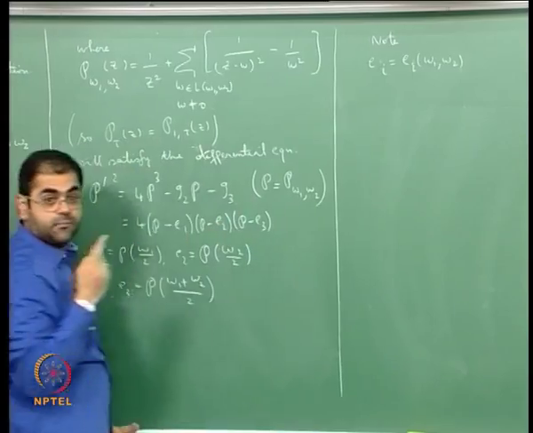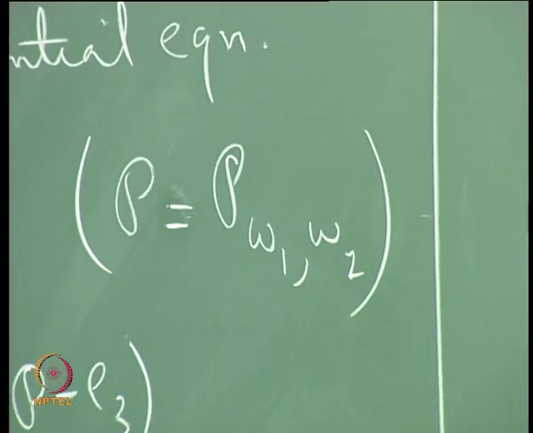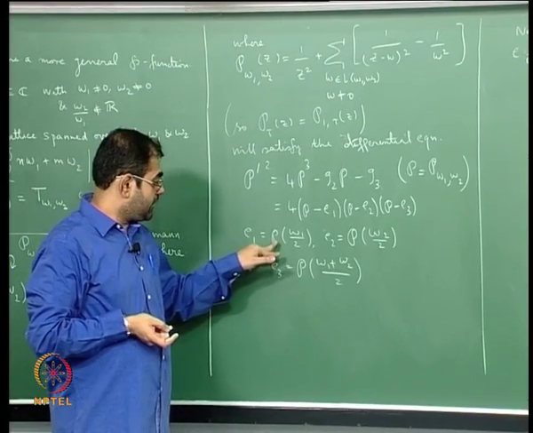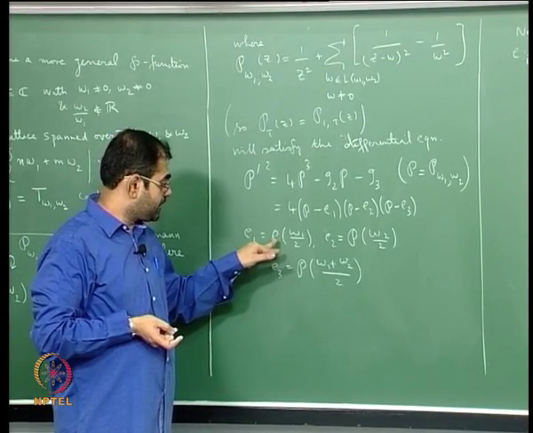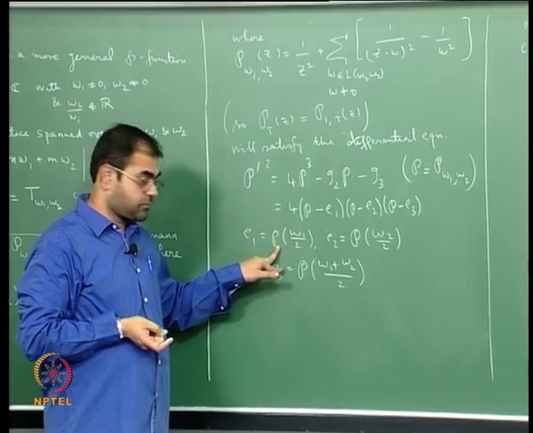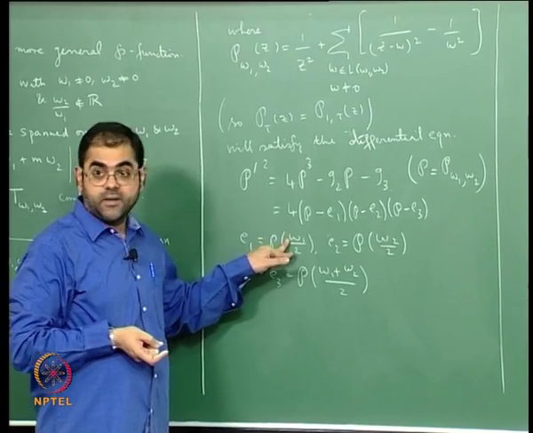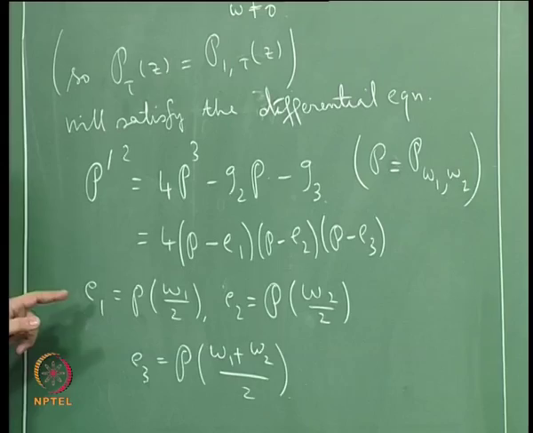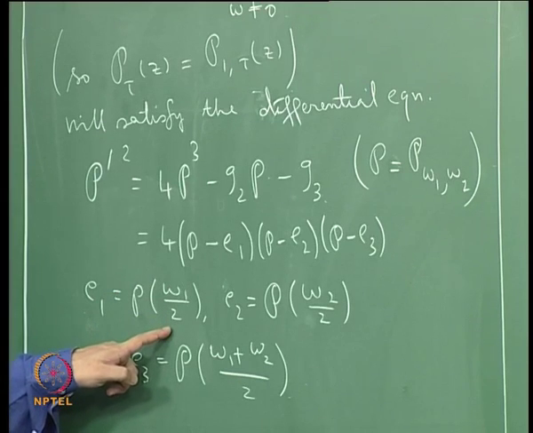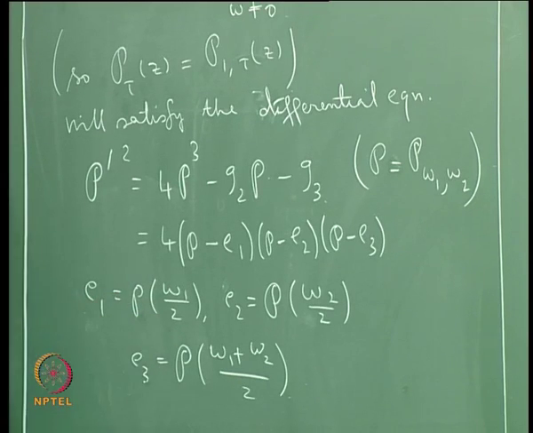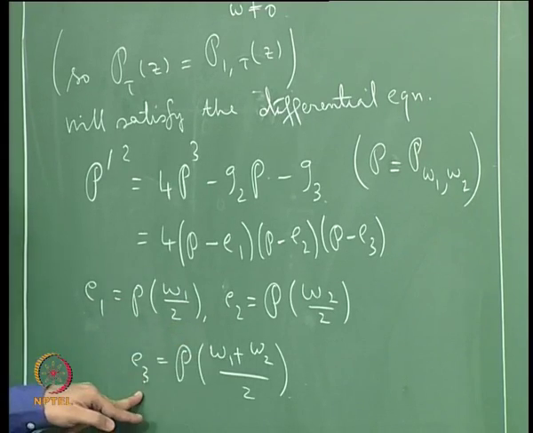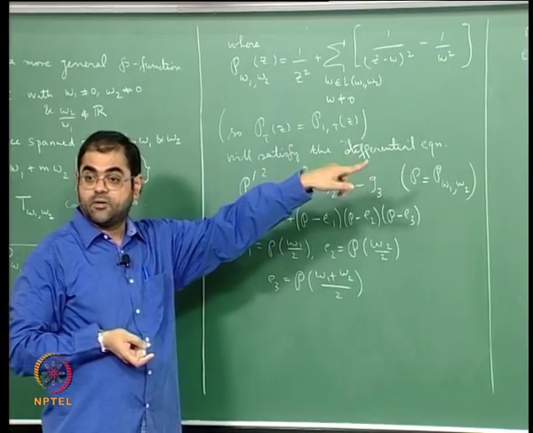Okay, the phi depends on omega 1 and omega 2. Alright, so E1 is this phi of omega 1 comma omega 2 evaluated at omega 1 by 2. So what you must understand is, though I write E1 is phi of omega 1 by 2, you should not misinterpret it to think that E1 depends only on omega 1, E1 also depends on omega 2. Similarly E2, E3, so all the E_i's are functions of both omega 1 and omega 2.